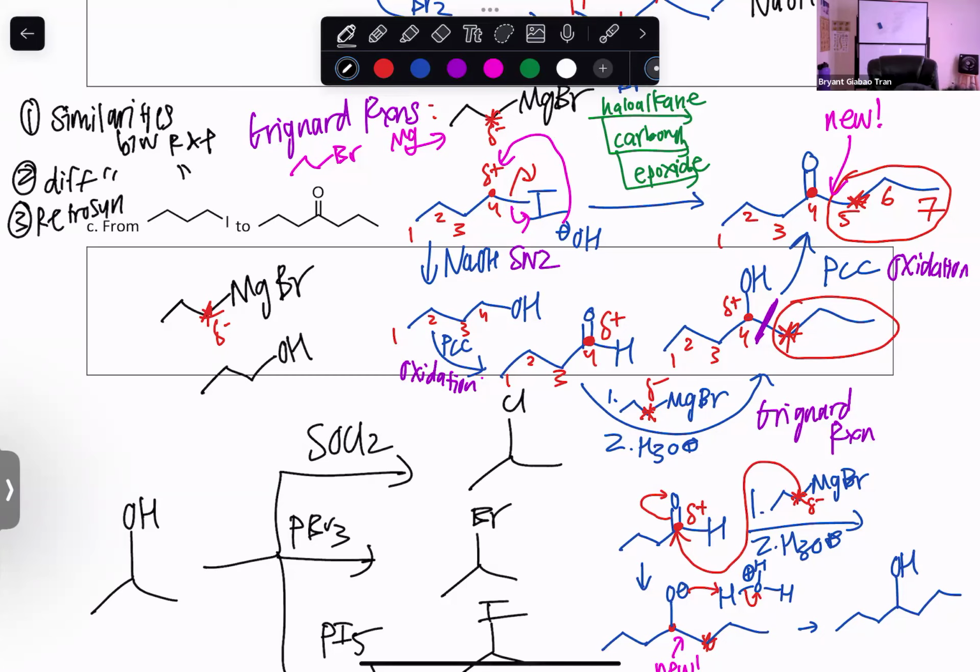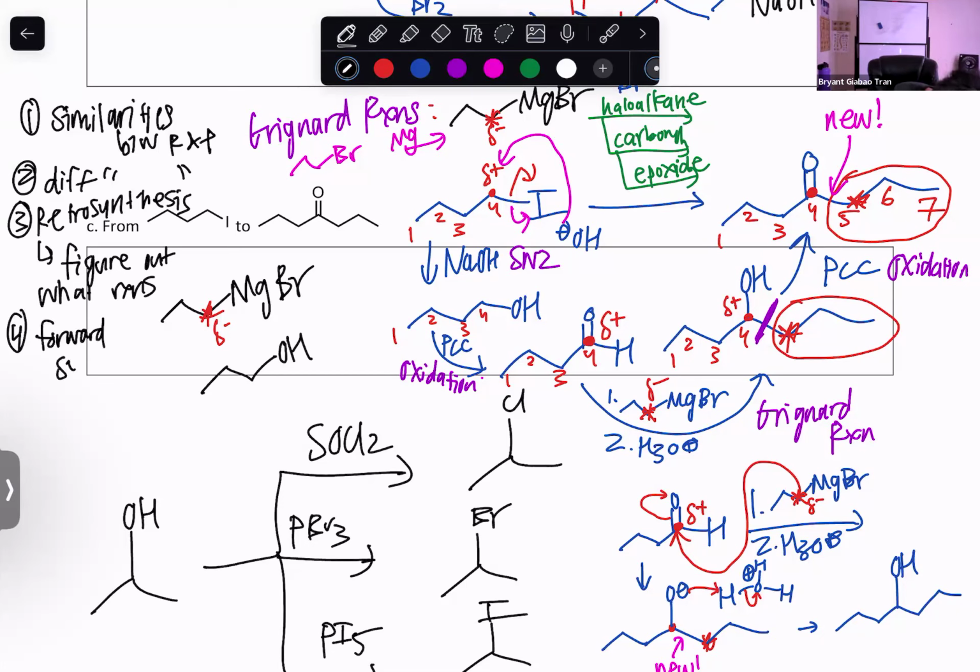Retrosynthesis, and then figure out what reactions are needed. And I don't always go retrosynthetically, like I don't always go backwards. I also sometimes go forward, right? Forward synthesis, right? And then I meet in the middle.